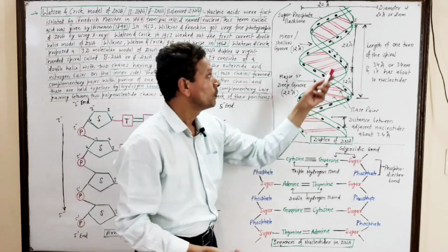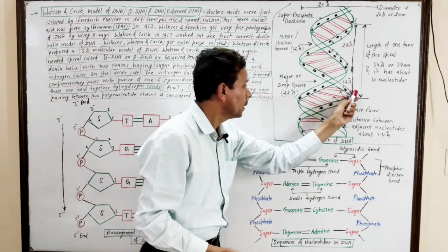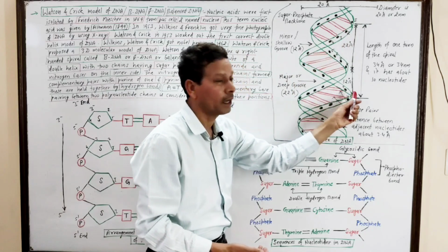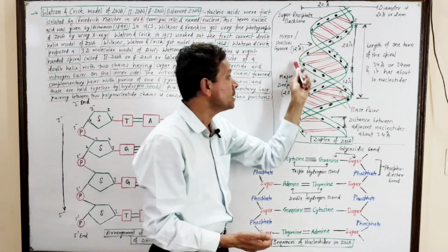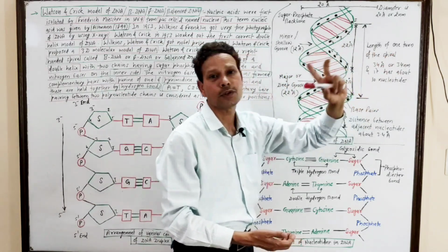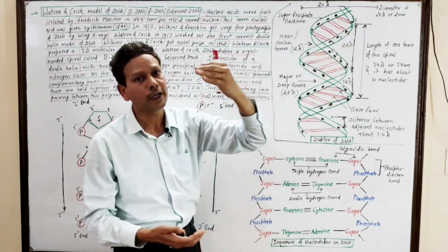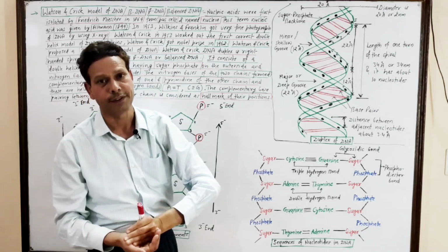Note down the length of a complete spiral. This is a complete spiral of one strand, and this length is about 34 angstrom. And in this spiral, about 10 nucleotides are present.